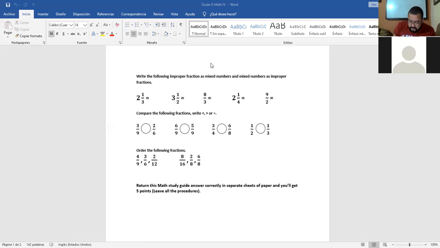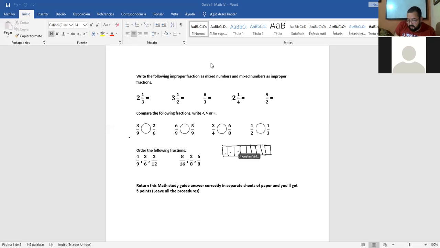We need to evaluate these two fractions, which is greater. Look, in this case, we have 3 parts colored out of 9. 1, 2, 3, 4, 5, 6, 7, 8, and 9.